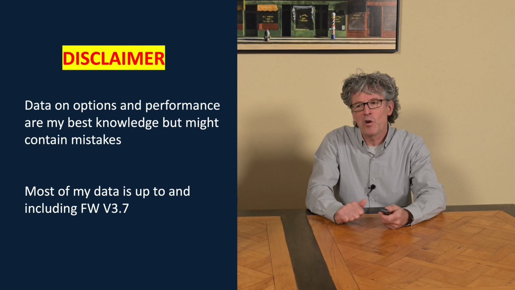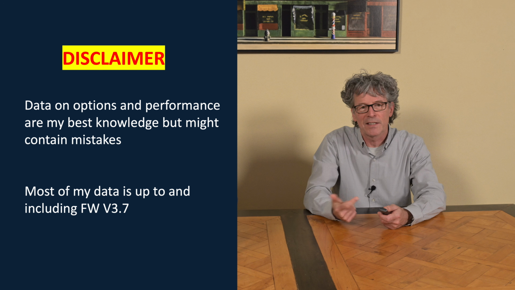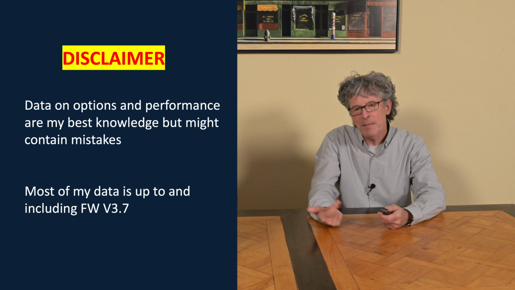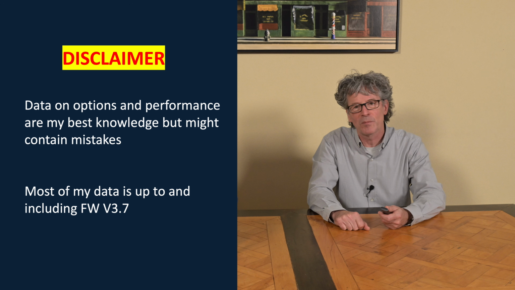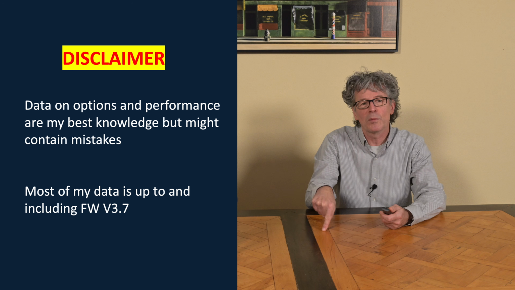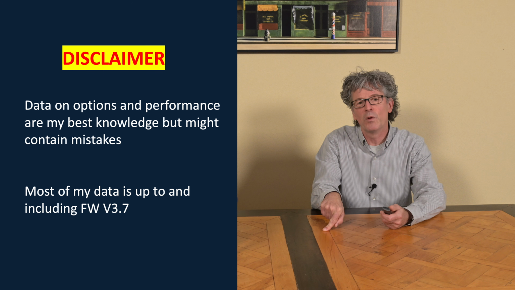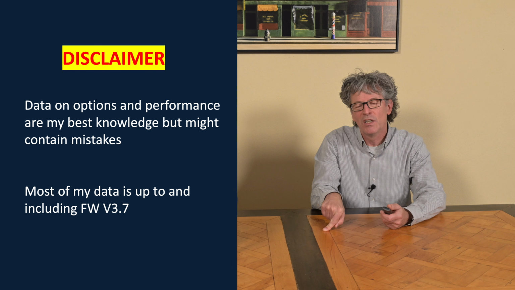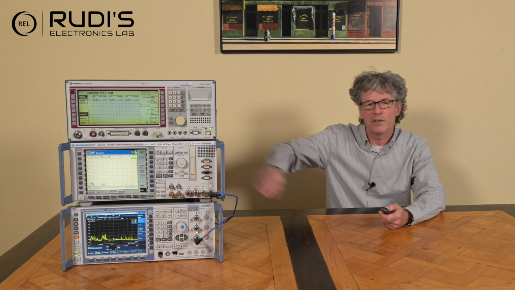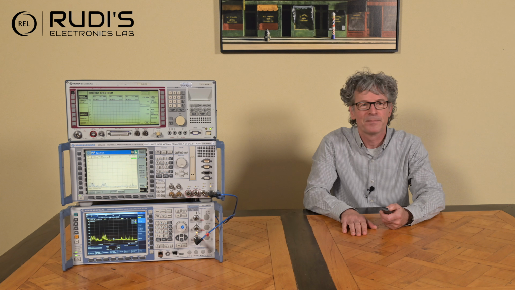What I'm going to tell you now about all these different hardware and software options is based on my best knowledge, but there might be mistakes. It is very complex and sometimes contradictory in the documents. Also, most of my documents relate up to firmware version 3.7, so it might not cover later firmware versions that came after that. I'm also running, I think, 3.7 on my device here.